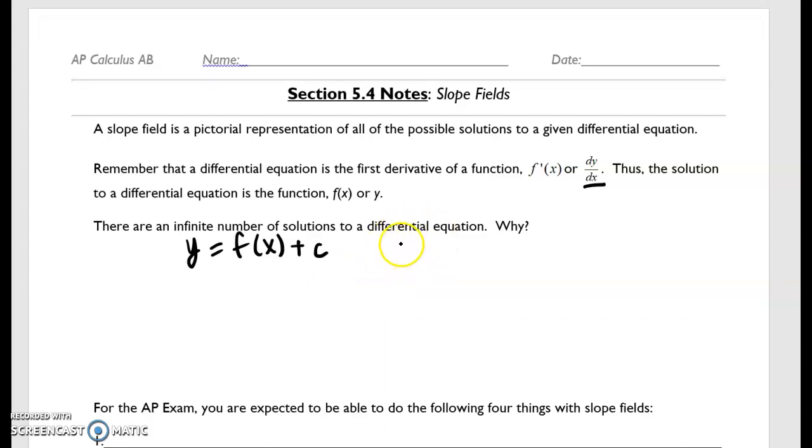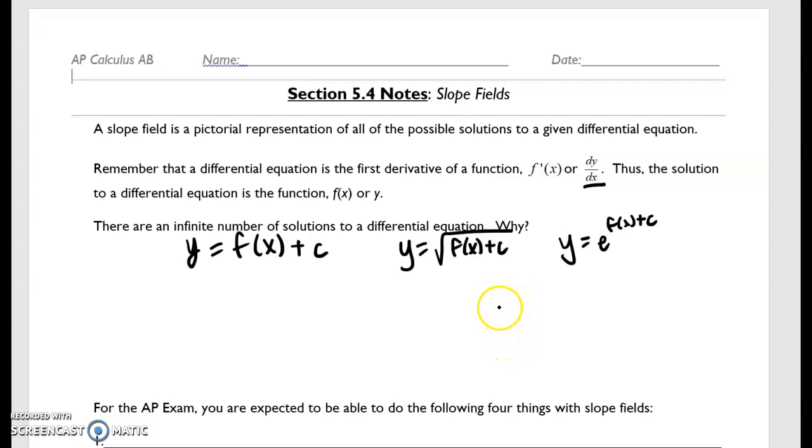But remember, we had some problems last time where maybe my constant was underneath a square root, or maybe even in an exponent, something like that. So it's not always just vertical shifts up and down. It's more complex than that.